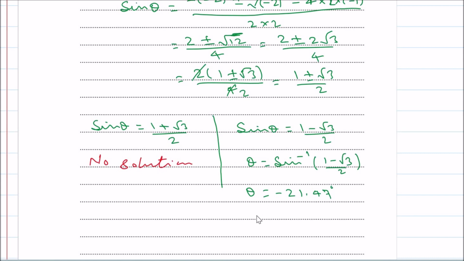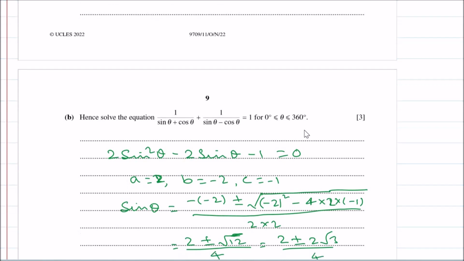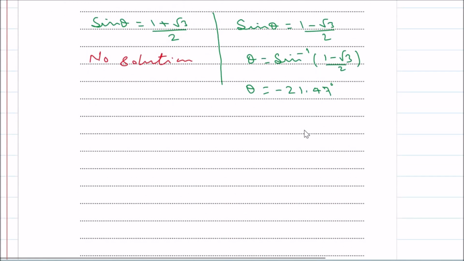But the given range is 0 to 360 for theta, so that should not be a negative value. What we can do here now, let us draw the CAST diagram to find the value. Here sine theta, if we are finding 1 minus root 3 by 2, that will be giving us a negative value. So sine becomes negative in the third quadrant and fourth quadrant.